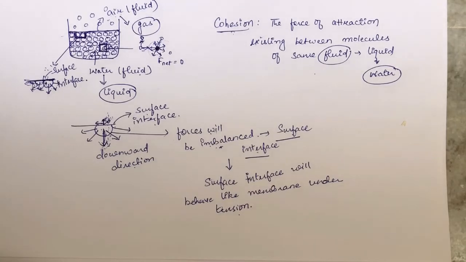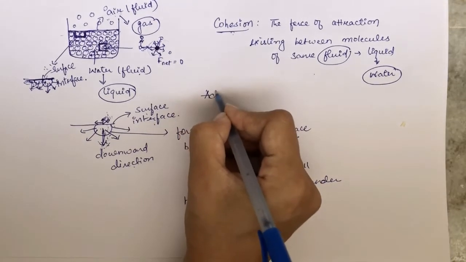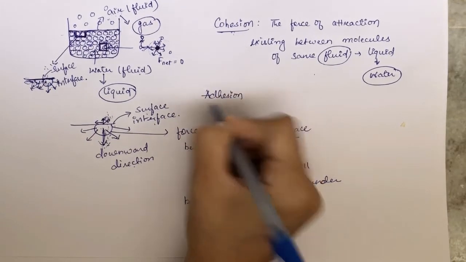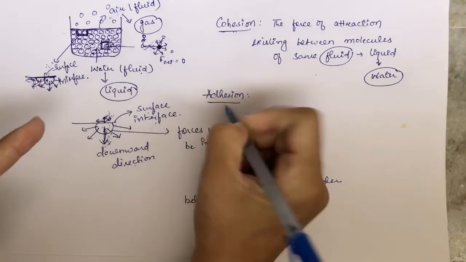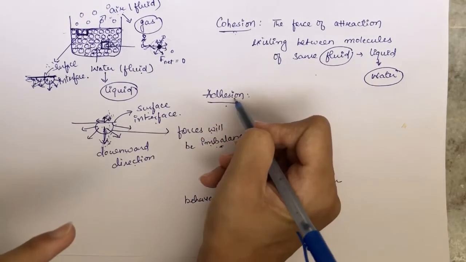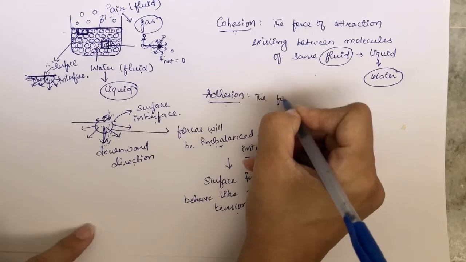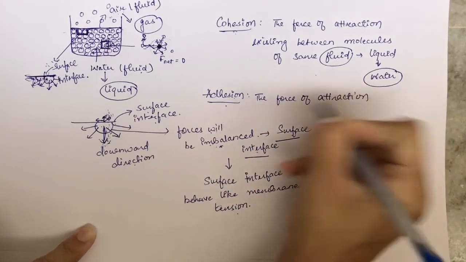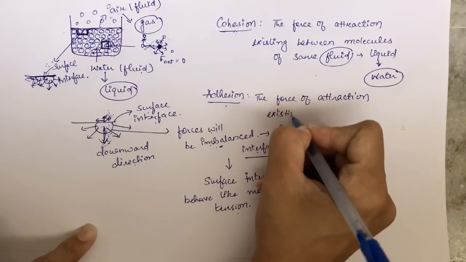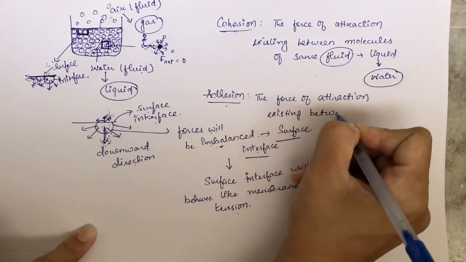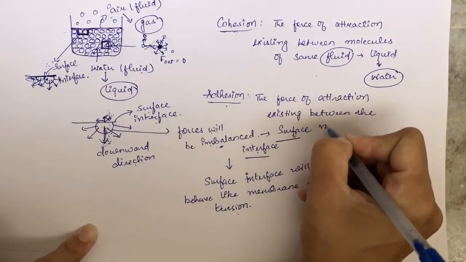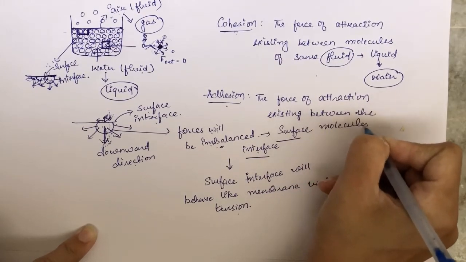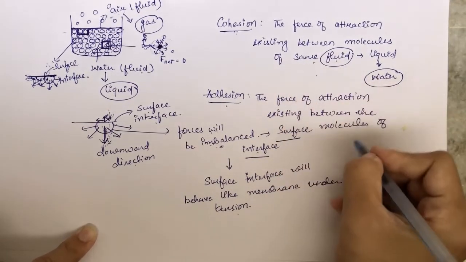Are you getting it? Okay, so now another important definition which you need to learn is adhesion. Cohesion and adhesion. Adhesion is exactly opposite to cohesion. It refers to the force of attraction existing between the molecules of a different fluid, instead of the same fluid.